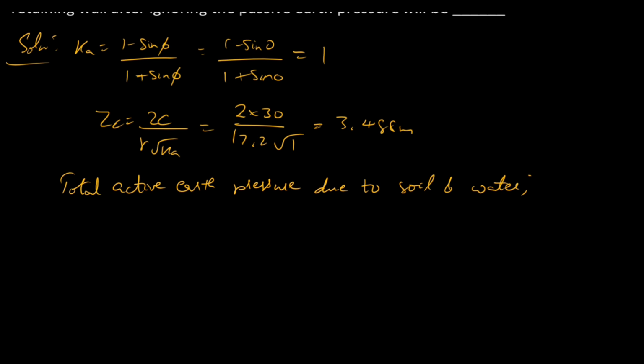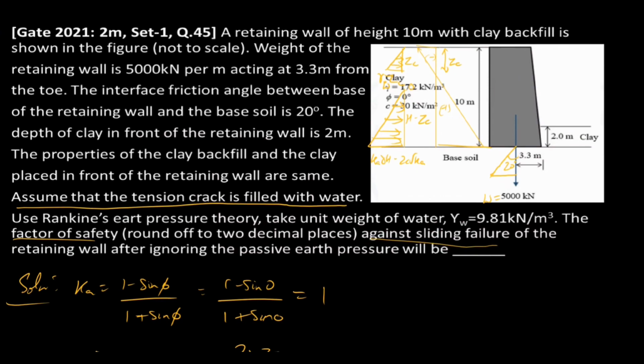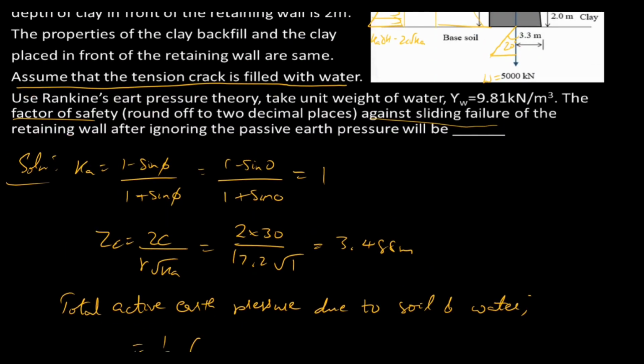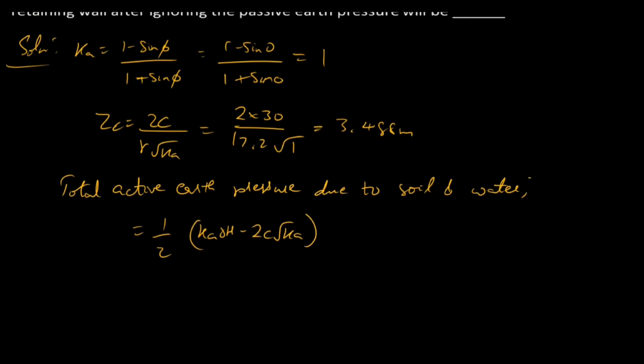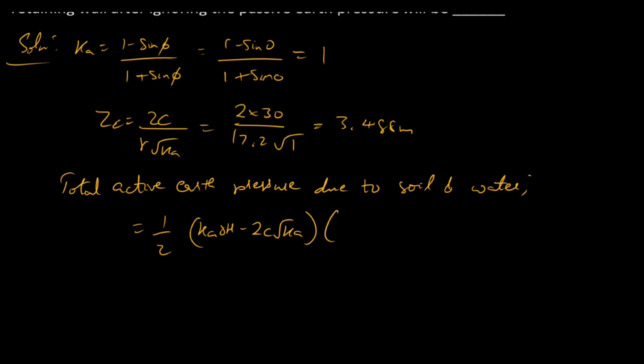Okay. So we'll calculate the total earth pressure, which is 1 by 2 into Ka gamma H minus 2C root Ka, because it is half into base into height, right? Into the height, which is H minus Zc.